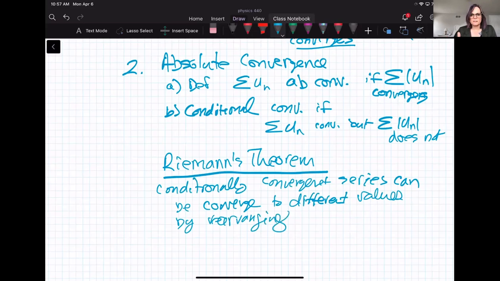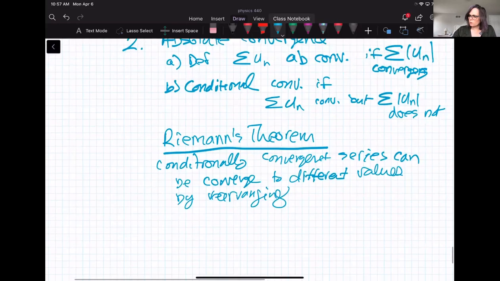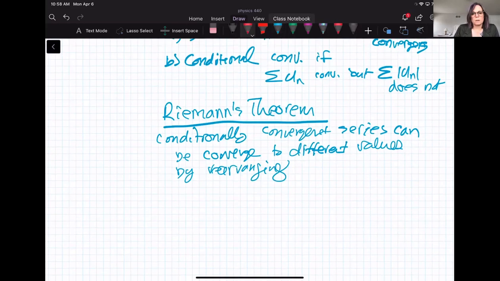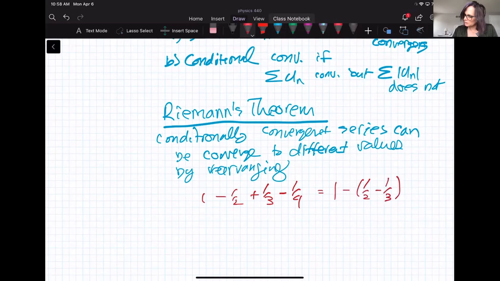Now, obviously, that doesn't work for an absolutely convergent series because it shouldn't matter how you add things. But if you consider the alternating harmonic series, 1 minus 1/2 plus a third minus 1/4, we could write that as 1 minus 1/2 minus a third minus 1/4 minus 1/5, which would be less than 1.